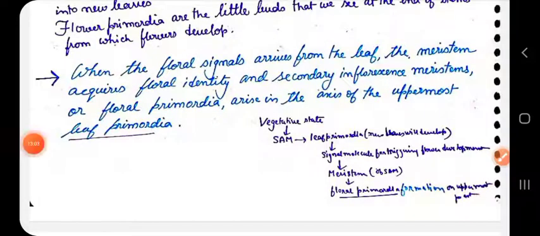Just as I said here, the vegetative state is that phase of plant growth that occurs just after germination, just after the seedling stage and before flowering.